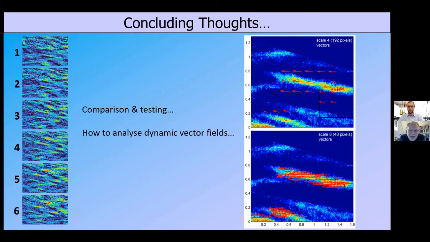Another big challenge we're facing is that once we have all these measurements out of the LSPIV, we're looking at essentially dynamic vector fields, and it's still a challenge to think about how we can analyze those in a more rigorous, quantitative way rather than just visually, subjectively identifying interesting features. So I'll leave it there.